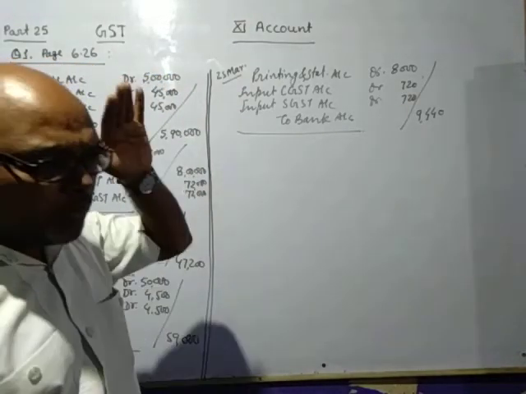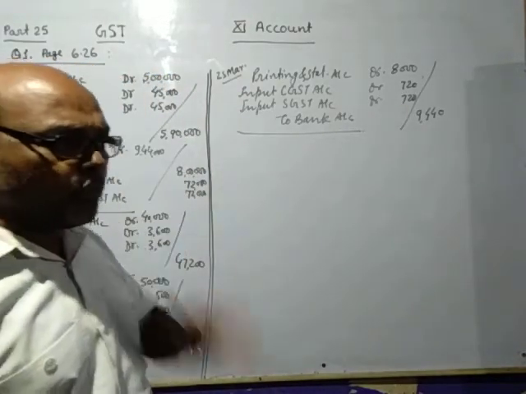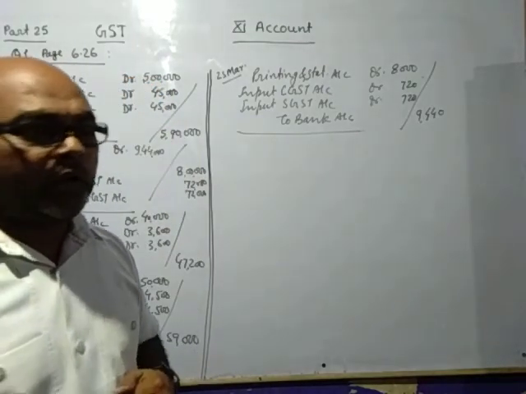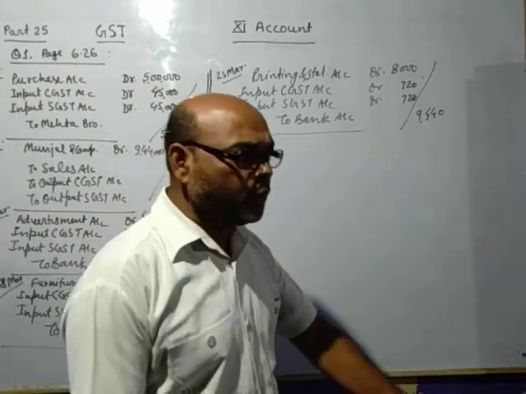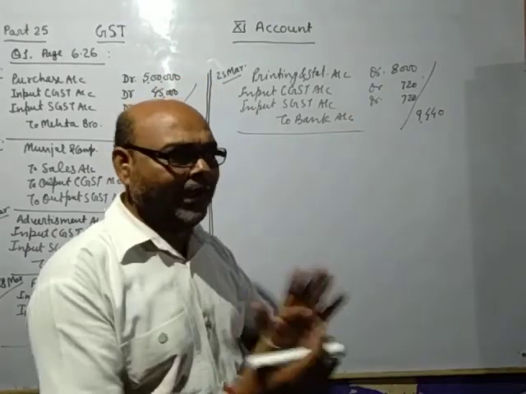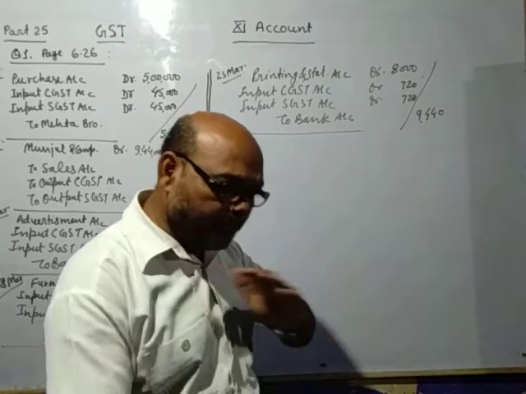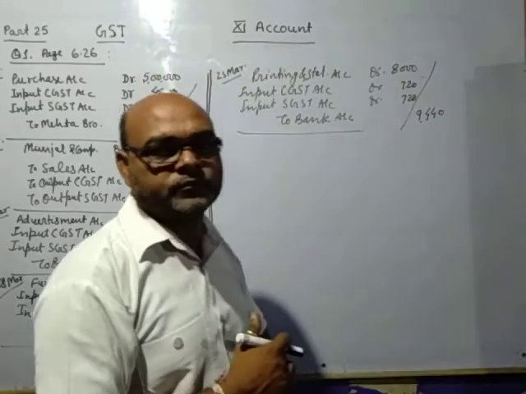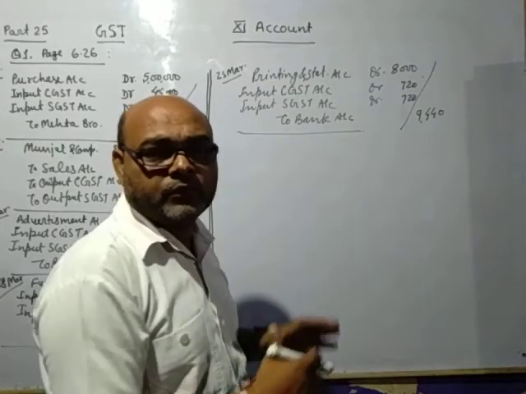So how much overall input you have paid and overall output you have received from the customer, you will make the adjustment and the balance amount you will pay to the government.